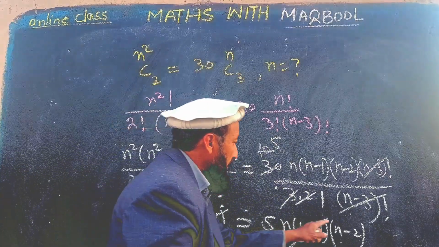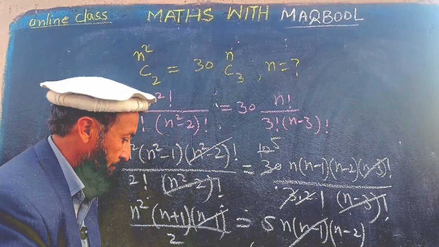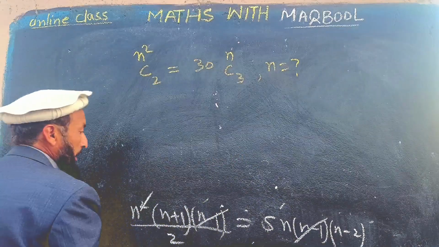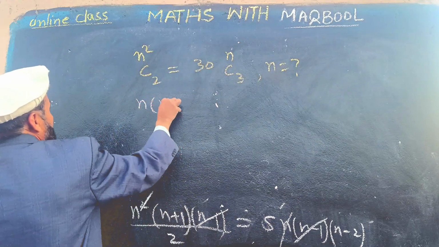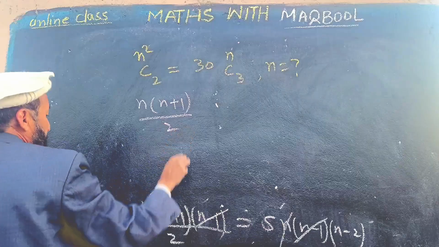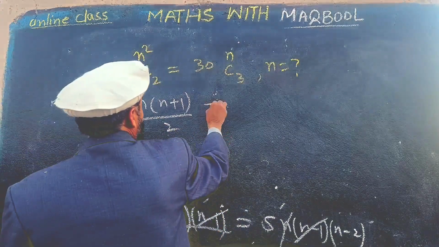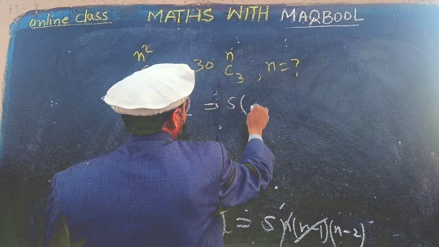We also multiply n by n minus 2. n² and n are also cancelled. Remaining is n times (n plus 1) divided by 2, and here we get 5 times (n minus 2).